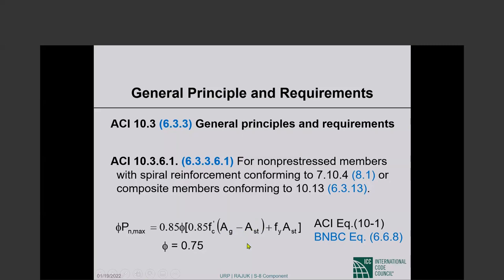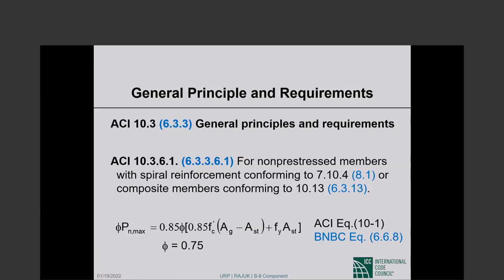Okay, so where there is steel, there is no concrete. And then we assume a uniform compressive stress of 85% of f sub c prime across the column section. So the concrete carries 85% of f sub c prime times concrete area, A sub g minus A sub st, and the steel carries A sub st, the steel area, multiplied by its yield strength.